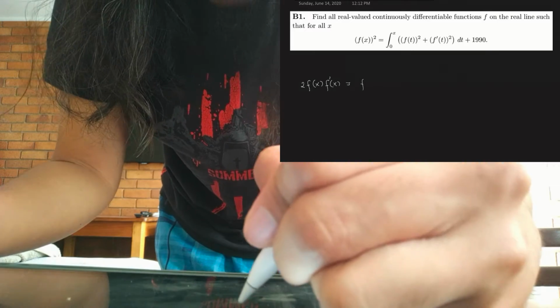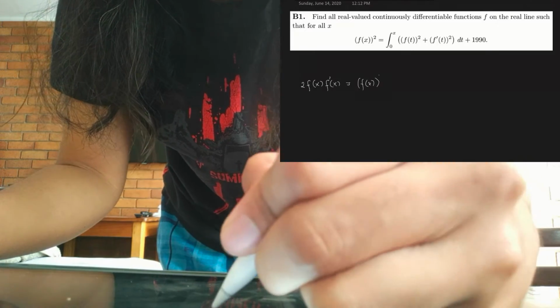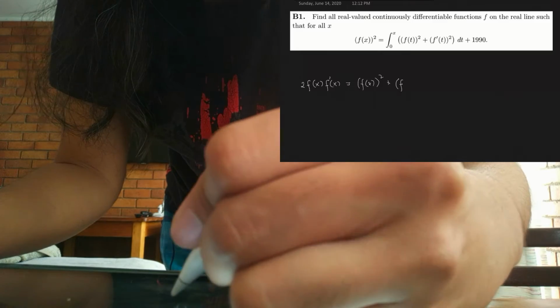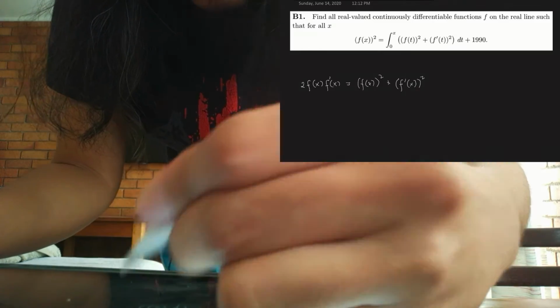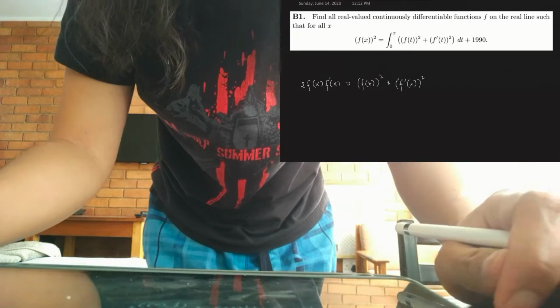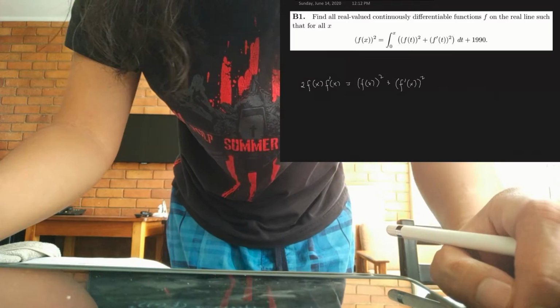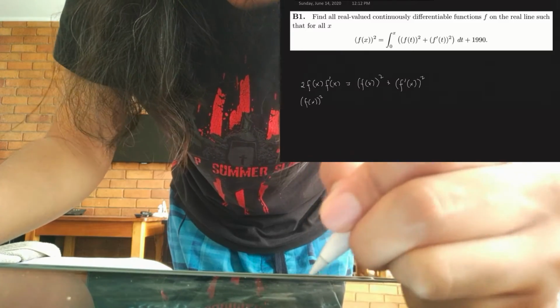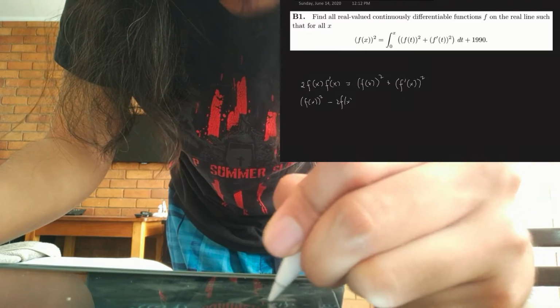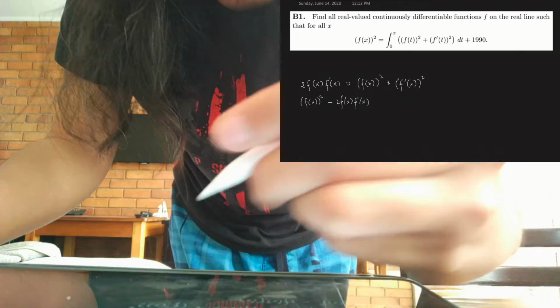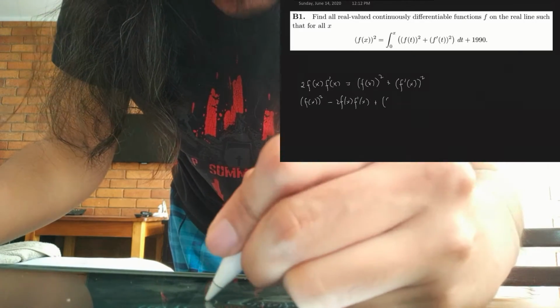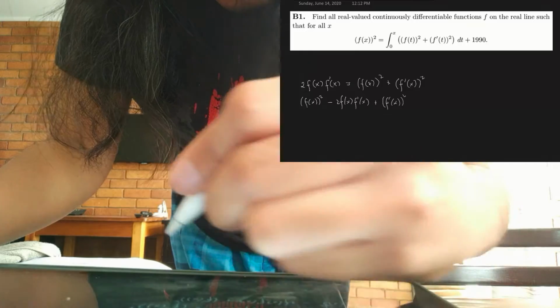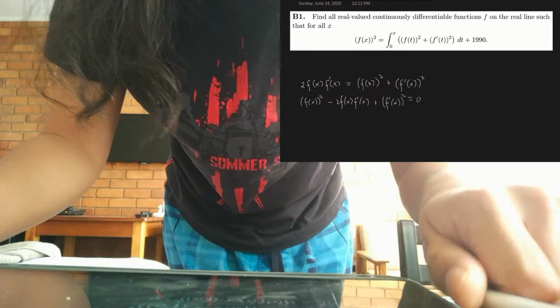So this is f of x squared plus f prime of x squared, and of course 90 is a constant, its derivative is equal to 0. This can be written as f of x squared minus 2 f of x f prime x plus f prime x squared is equal to 0, correct?